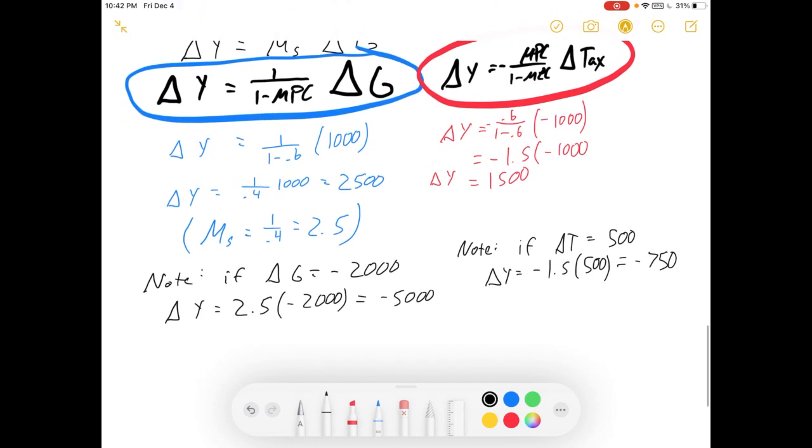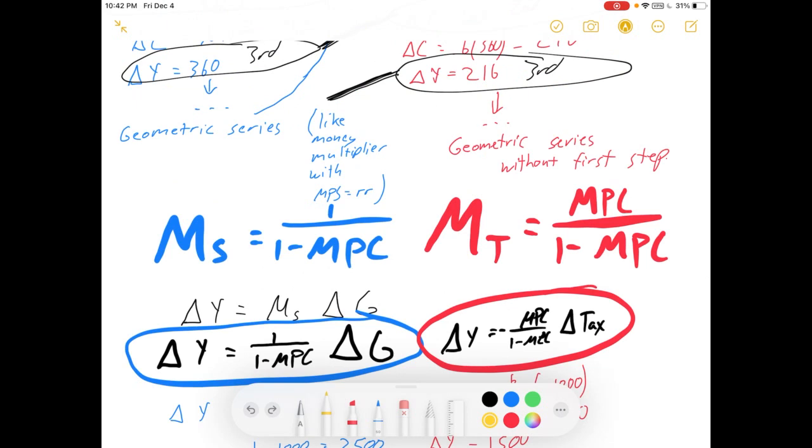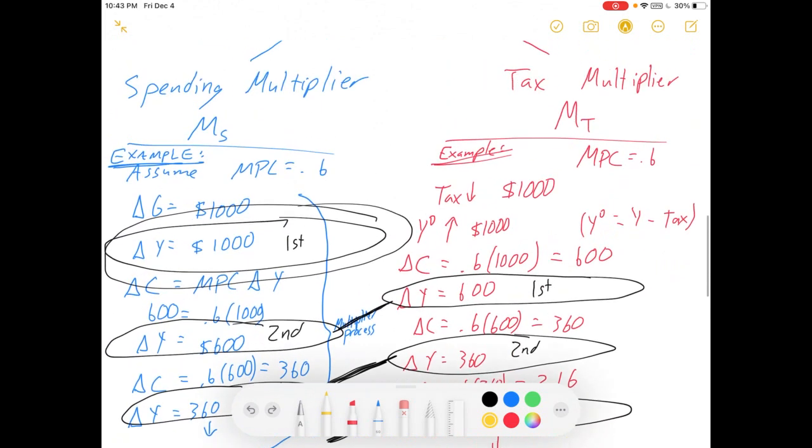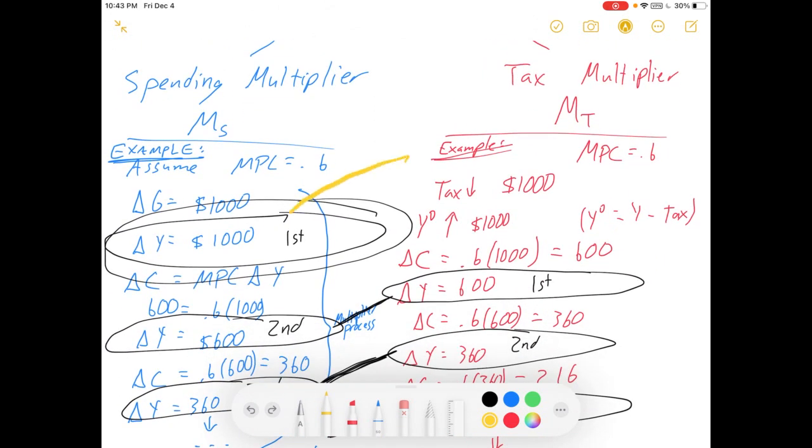One thing you're going to notice, these multipliers are different from each other: 1 over 1 minus MPC versus MPC over 1 minus MPC. The spending multiplier will always be bigger because MPC is less than 1. So the spending multiplier will always be bigger because it starts with a direct increase in GDP, whereas the tax multiplier starts with an indirect thing.